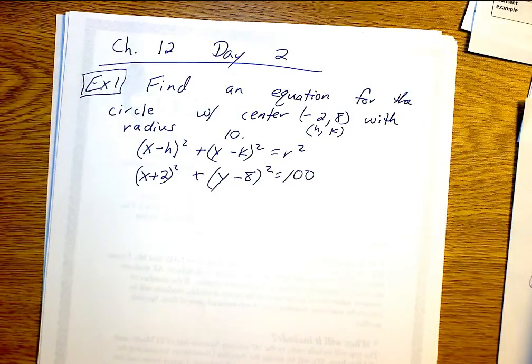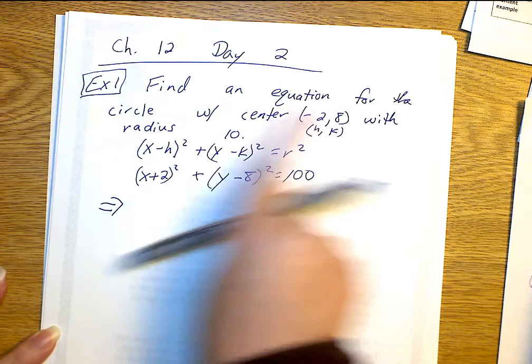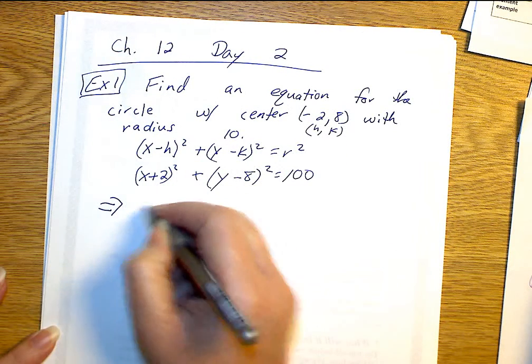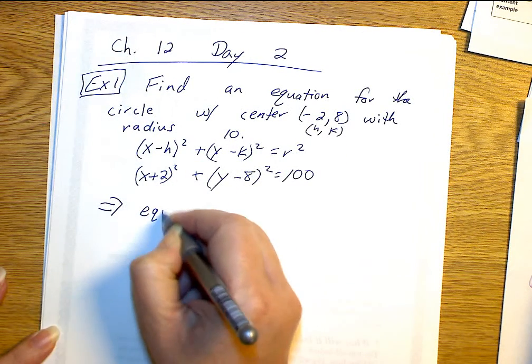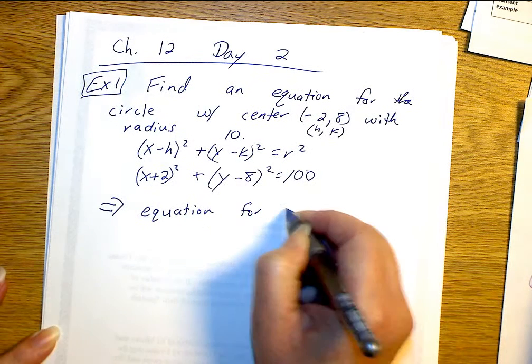That would be finding the equation of the circle. Now, what happens if I said that I wanted the equation for the exterior of the circle?